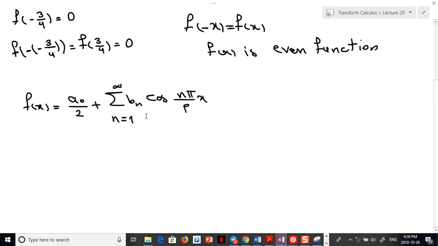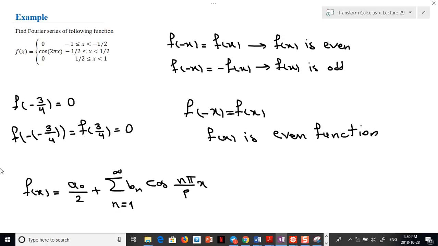At first we have to see what p is. The function is defined on the range of -1 to 1. In the Fourier series, we said the function is defined in the range of -p to p. So p should be equal to 1.